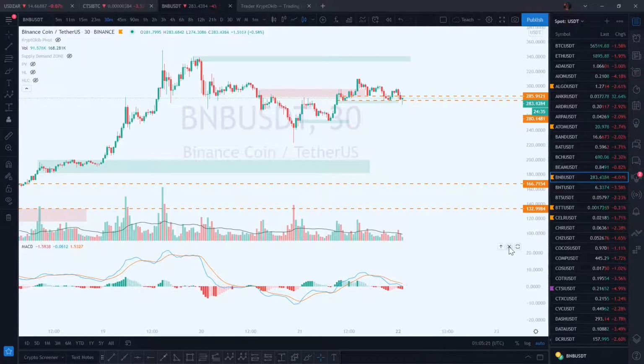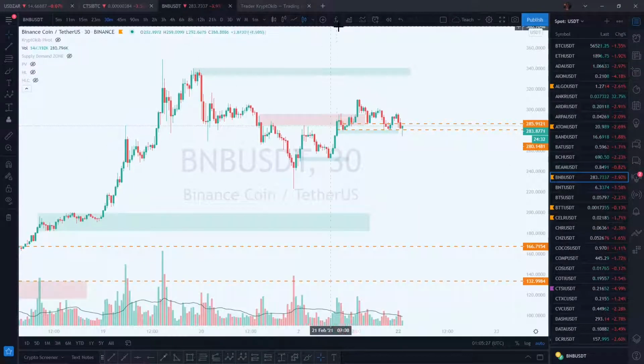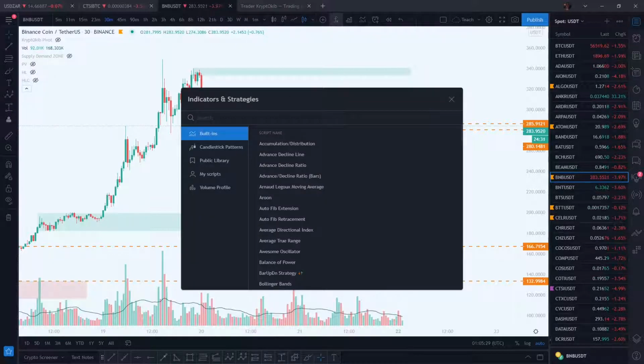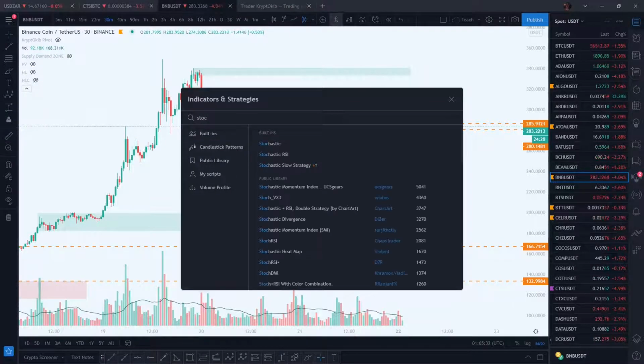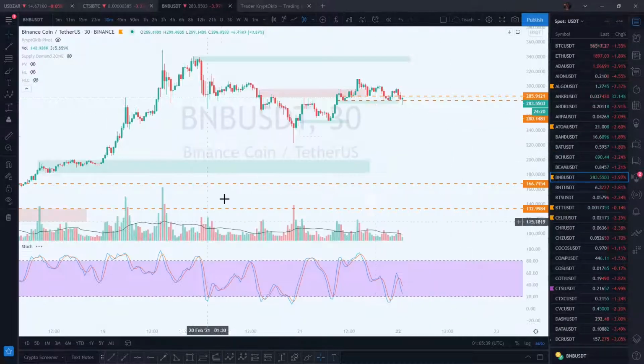Okay, let's quickly go and look into stochastics. Notice here we have stochastic RSI and we have the stochastic itself. So let's just play the stochastic itself.